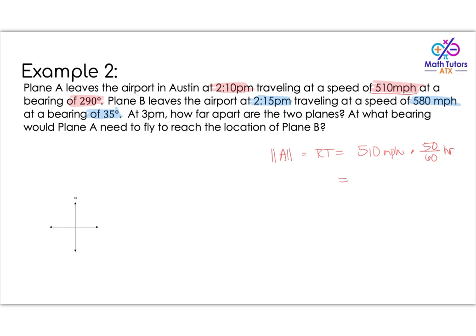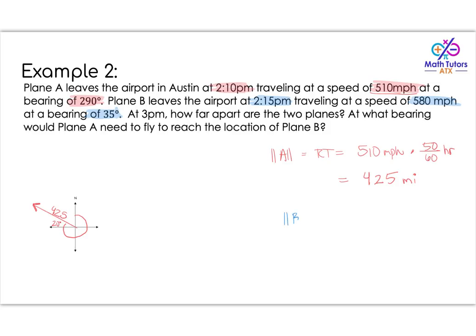So when I multiply this, I get 425 miles since it left the airport, and it's traveling at a bearing of 290. Ooh, bearing. Okay, so bearing starts north and goes clockwise. So 90, 180, 270, and I need to go 20 more degrees. All right, there we go. That's plane A, or vector A, for us.